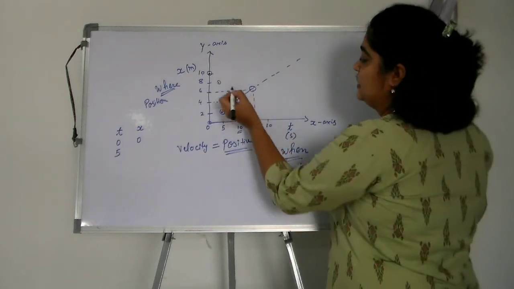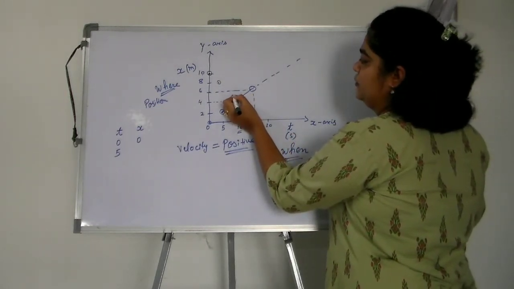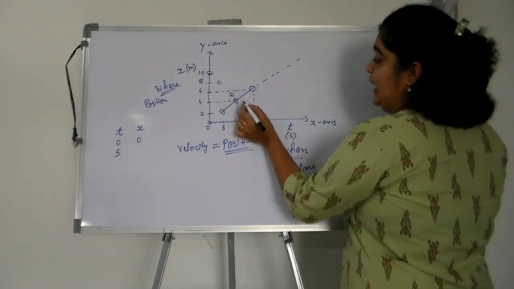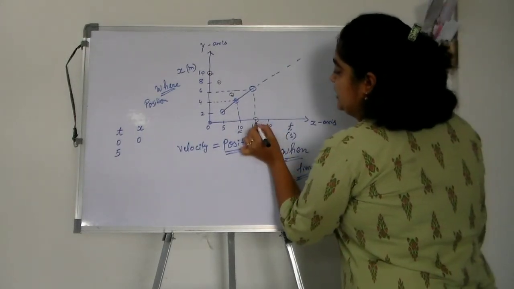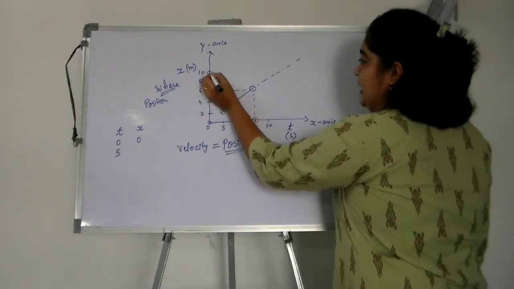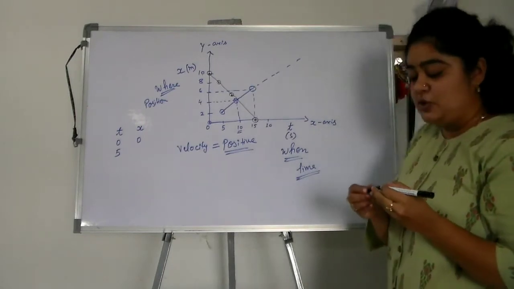At time t equals 10 seconds, my object is, say, somewhere between 6 and 4, some 5 meter. And at time t equals, say, 15 seconds, my object is here, so the distance is 0. Now look at this line.